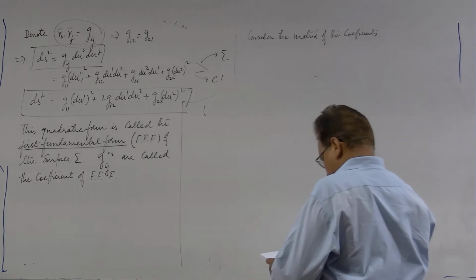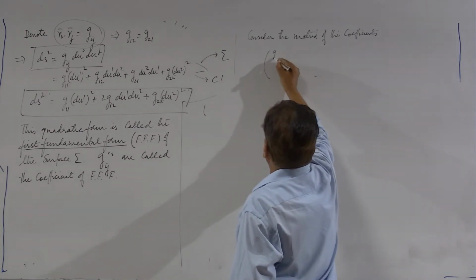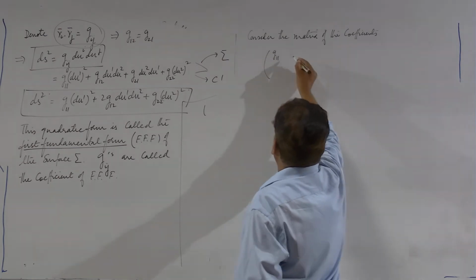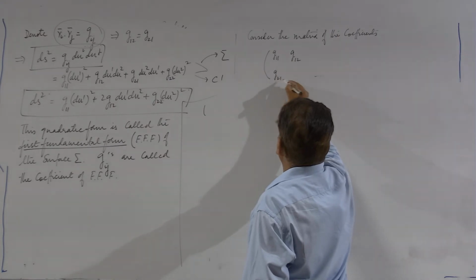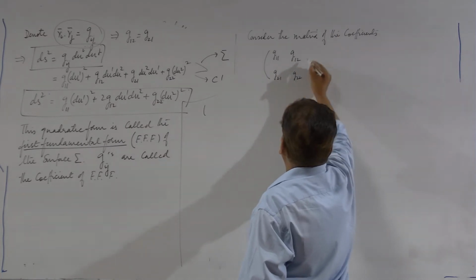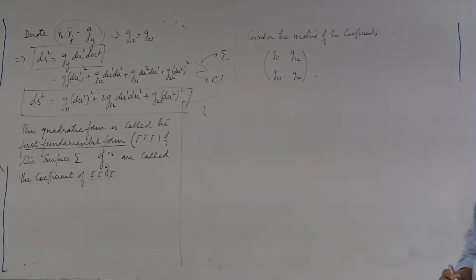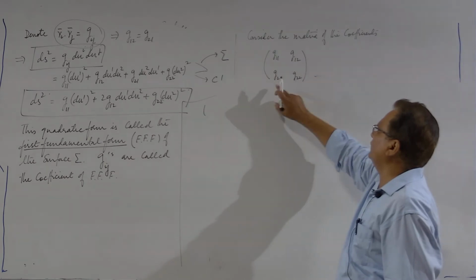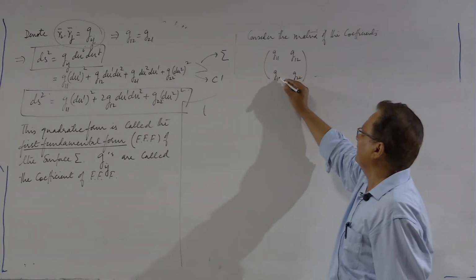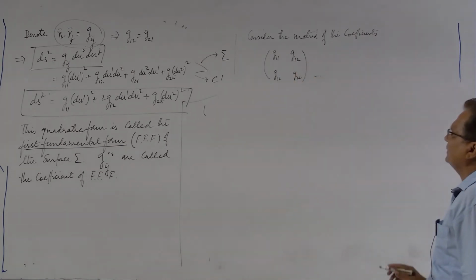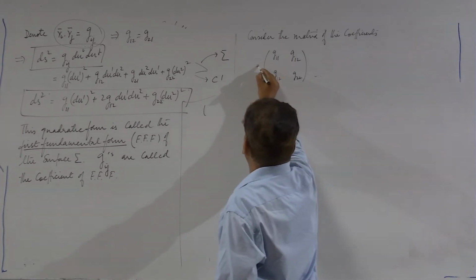The matrix will look like a 2 by 2 matrix with G11, G12, G21 and G22. Since G12 and G21 are the same, you can put G12 over here also, since they are always the same. So, this is the matrix of Gij.